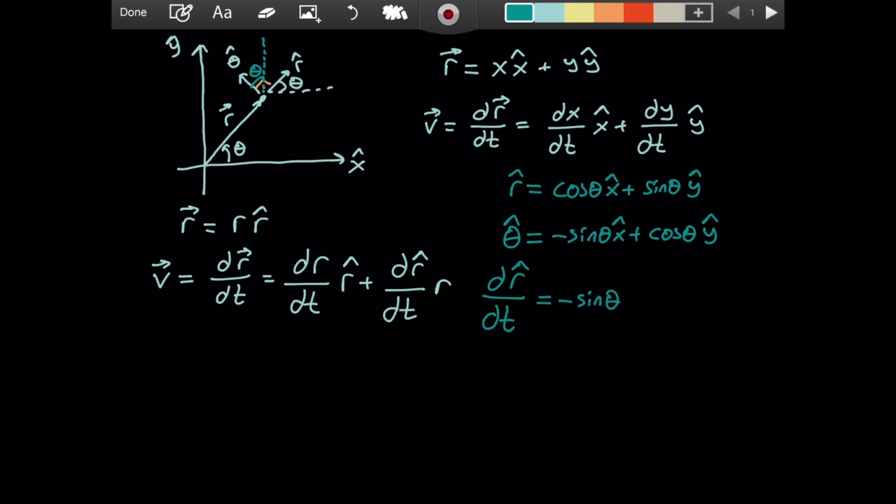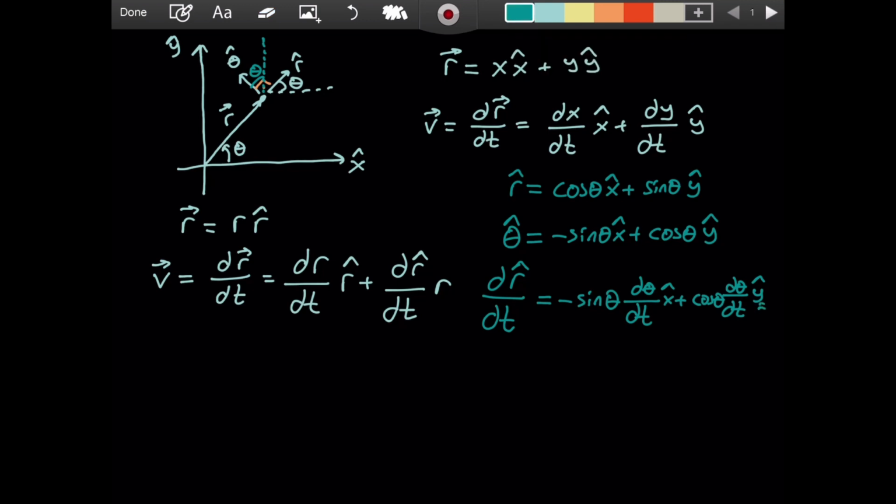But we are taking it with respect to time. So we also need to multiply this by the derivative of theta with respect to time. We are using the chain rule here. We're going to have x hat plus the derivative of sine of theta with respect to theta, which is cosine of theta. We also write the derivative of theta with respect to time, and then y hat.